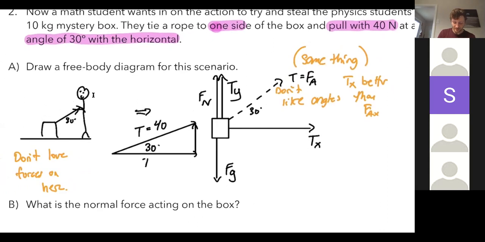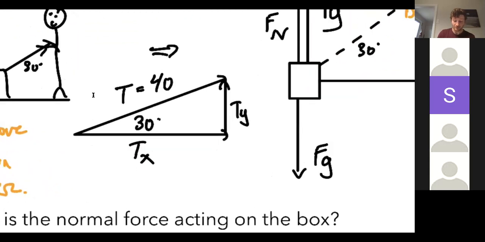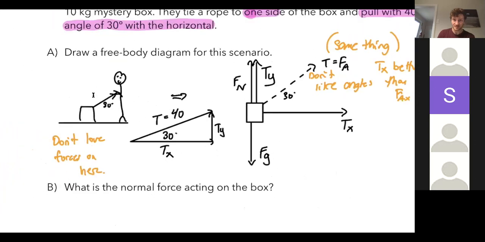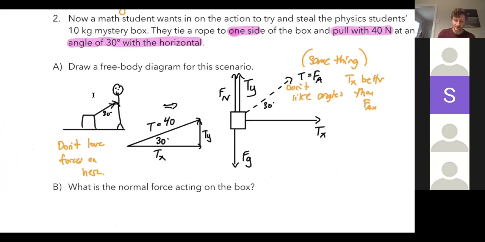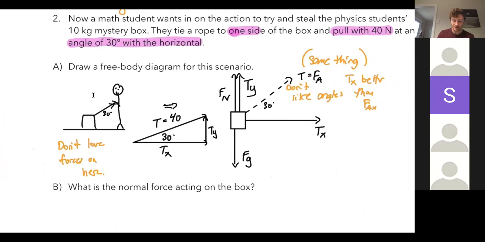There is our TX, and there's our TY. That's all we have. We've taken our vector component triangle and we've just broken it up into our x component and our y component. That's it. So if we're pretty good at trigonometry right now.